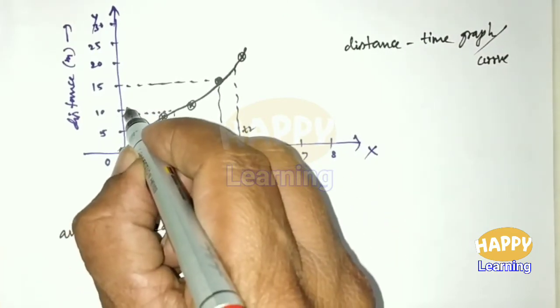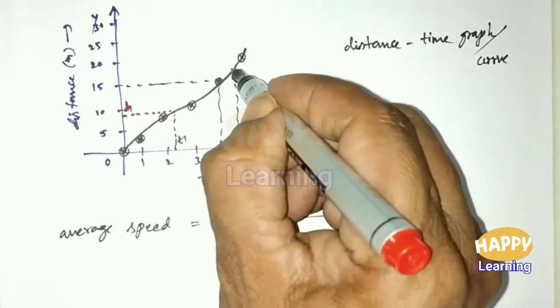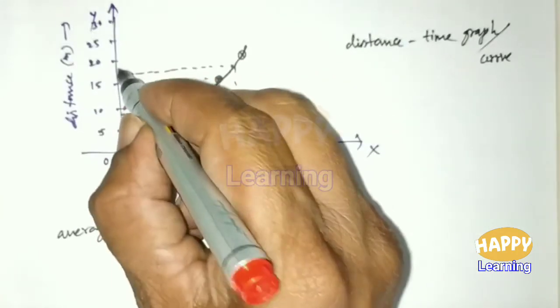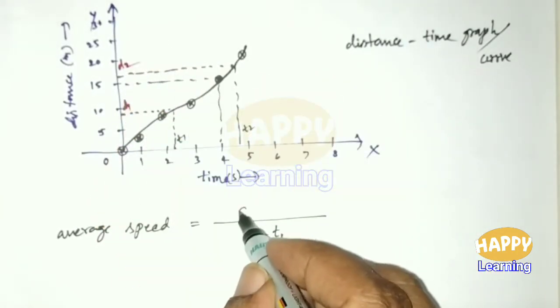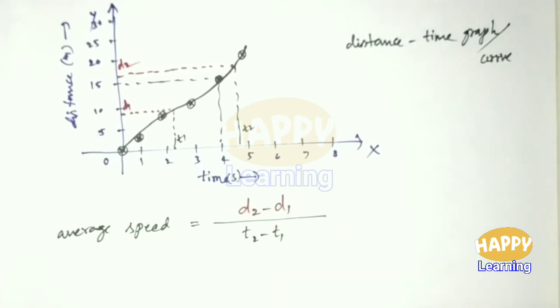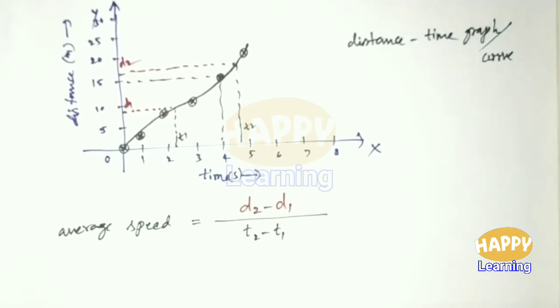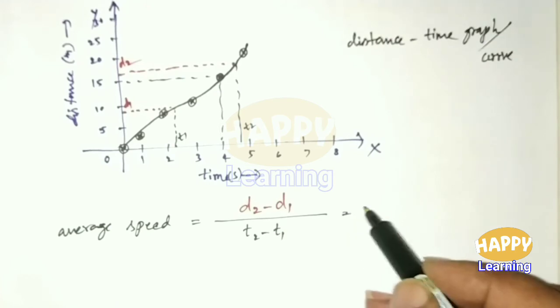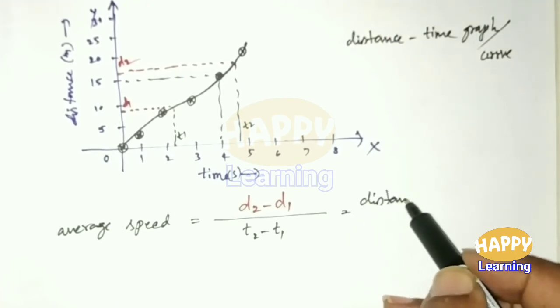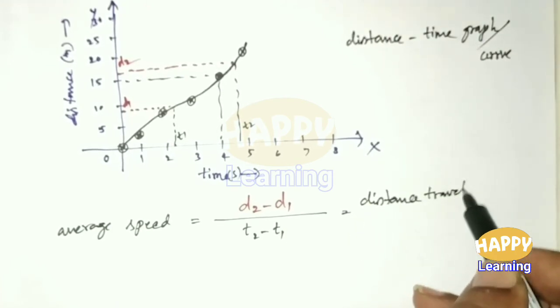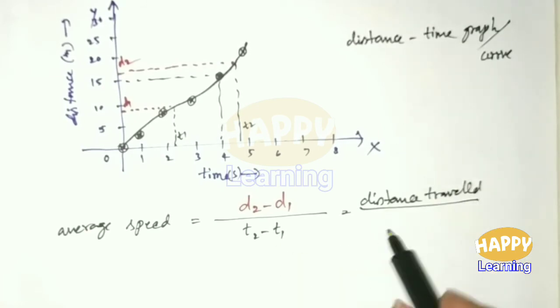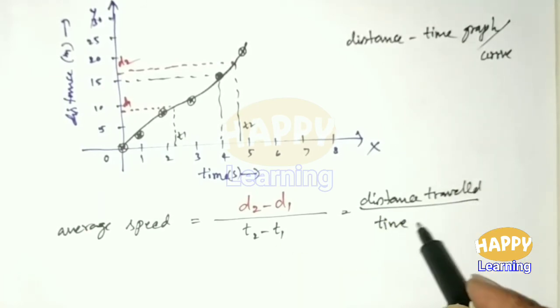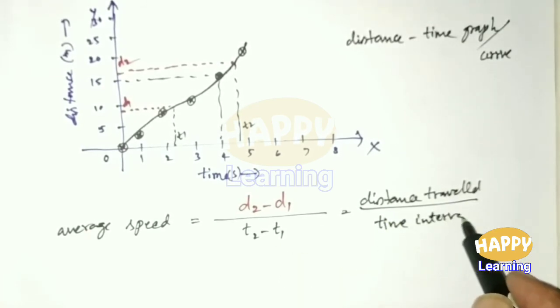Corresponding to t1, the distance is noted as d1, and corresponding to t2, the distance is noted as d2. So d2 minus d1 gives the distance traveled. So to find the average speed, select 2 points and put the corresponding d2 minus d1 in the numerator and the corresponding t2 minus t1 in the denominator. So d2 minus d1 is the distance traveled and t2 minus t1 is the time taken, the time interval.